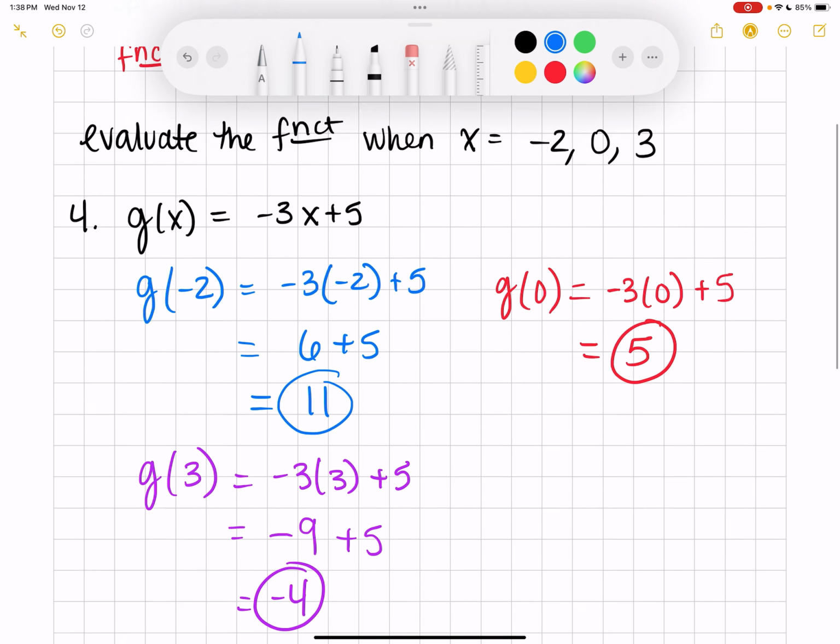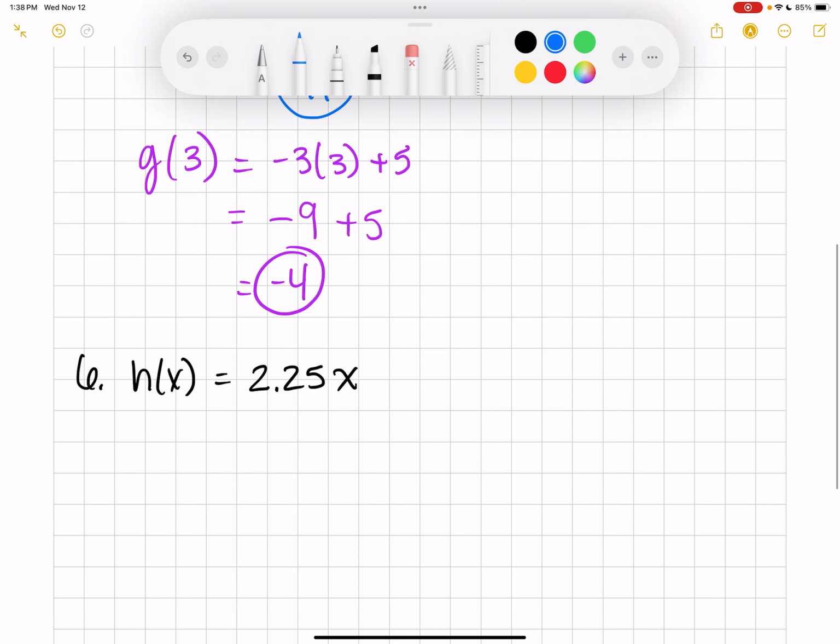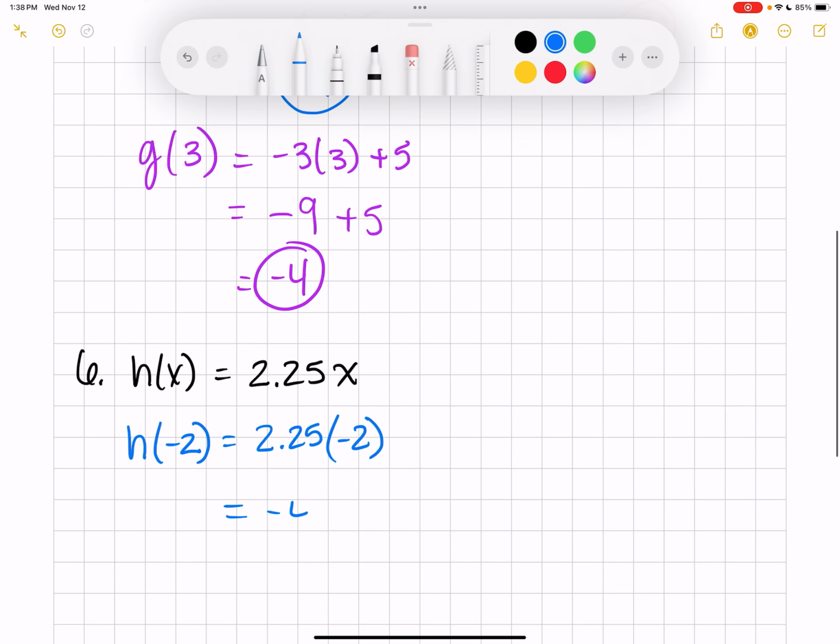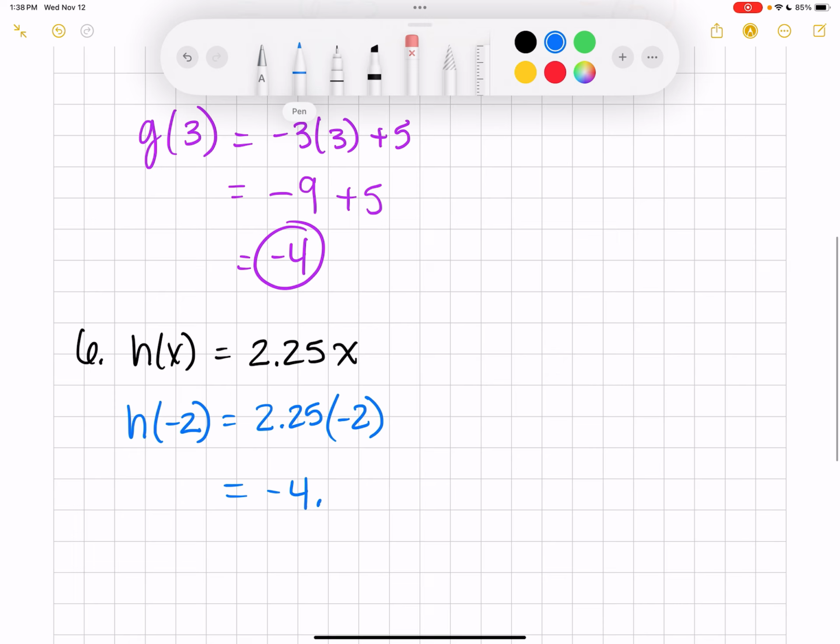The first number is -2, so I do h of -2, and that's how we say that as well, is equal to 2.25 times, well, when x is -2, we're plugging that in. So I've got -2 times 2.25. What would that be equal to? Yep, -4.5. So when x is -2, my function is equal to -4.5.